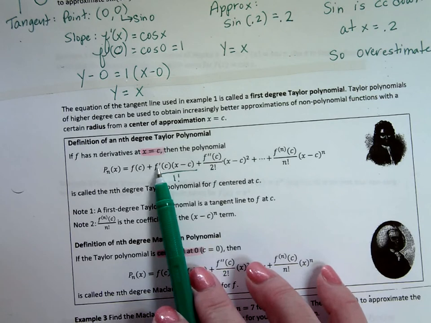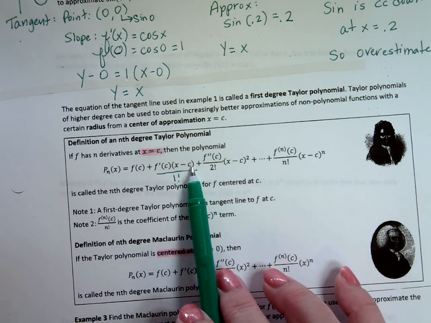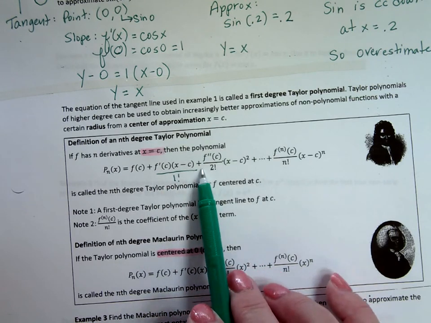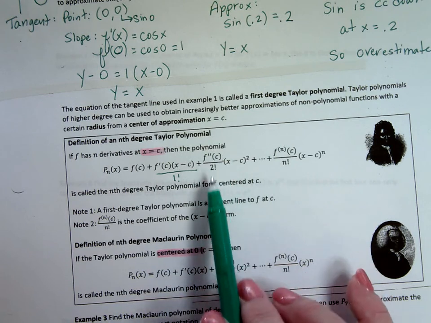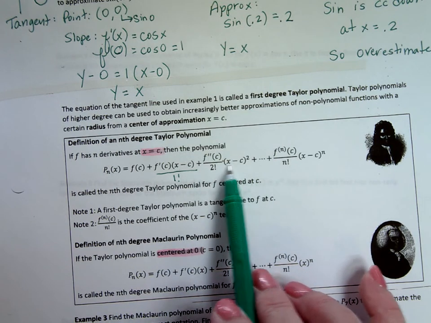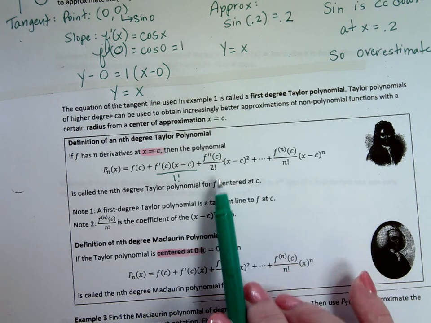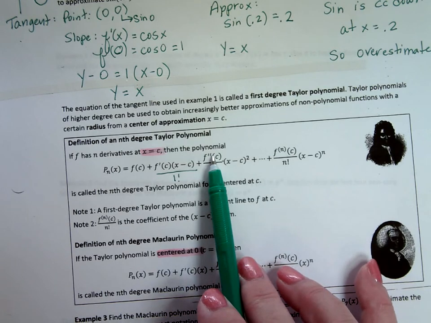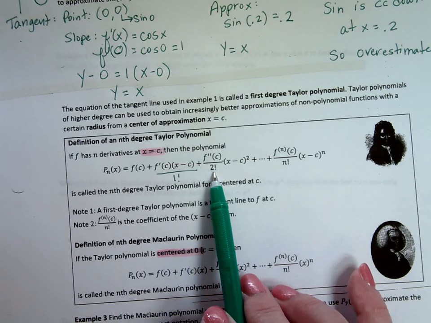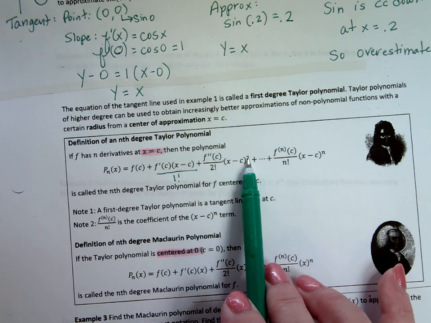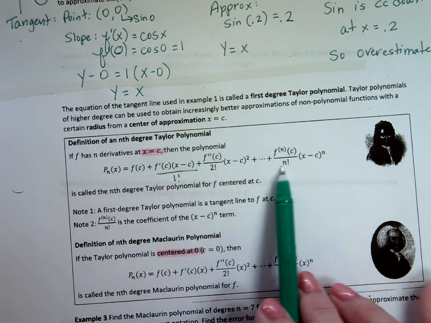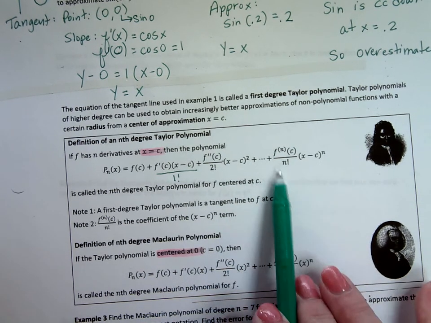So this one's the first derivative times x minus c over 1 factorial. The next term would be the second derivative over 2 factorial times x minus c squared. The next one would be the third derivative over 3 factorial times x minus c cubed, and so on down the line. So here's the general term for it.